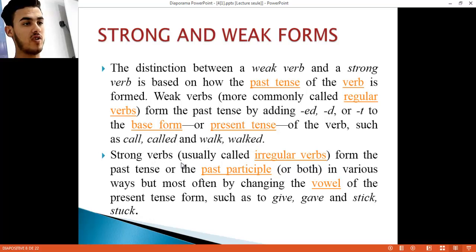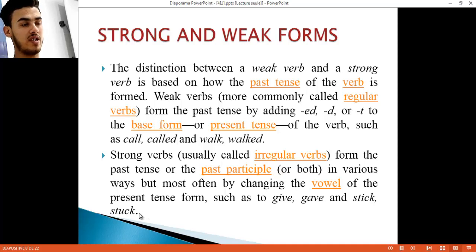So here we have strong verbs, usually called irregular verbs, form the past tense or the past participle or both in various ways, most often by changing the vowel of the present tense form, such as to give, gave, and stick, stuck.